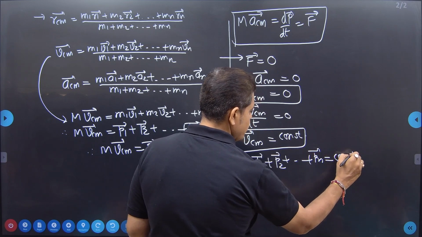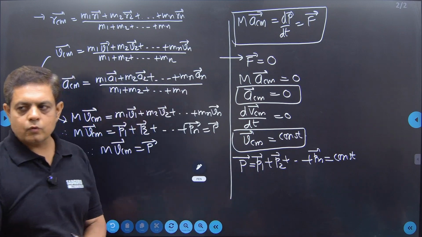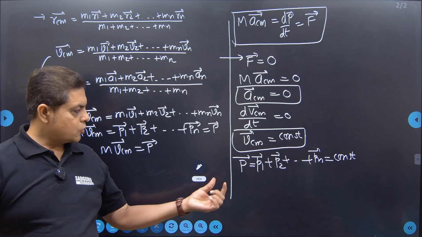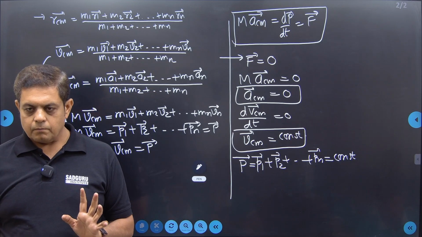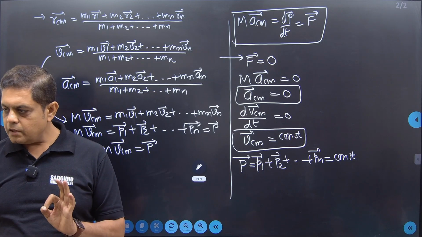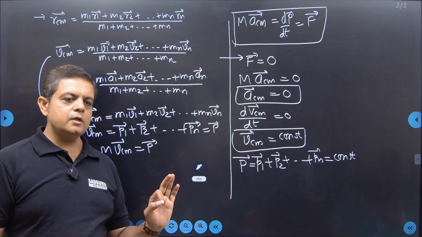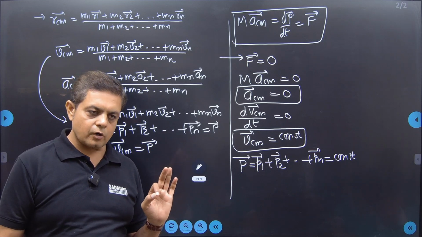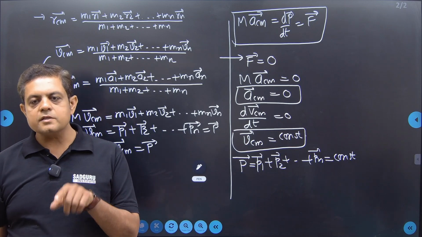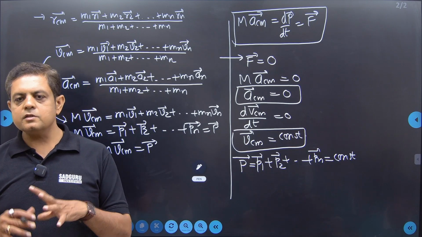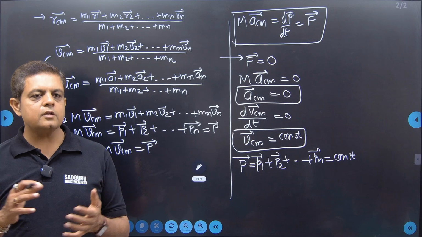One has to note that the total linear momentum of the system is constant, but it does not mean that the linear momentum of each particle should remain constant. Linear momentum of each particle may change, but it should change in such a way that the total linear momentum remains constant.